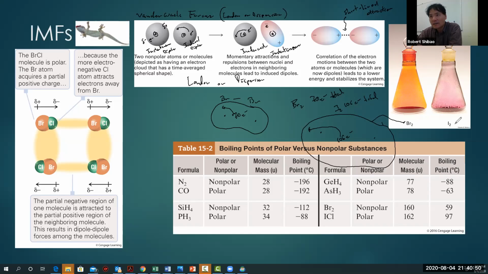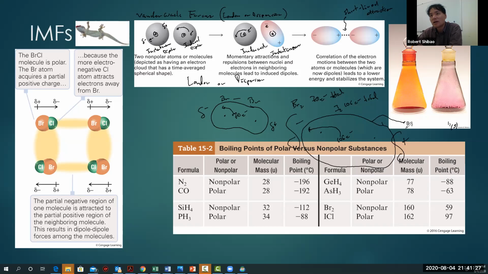And therefore, iodine is a solid. It's got stronger attractions because it can set up bigger instantaneous dipoles than bromine. All 106 don't have to go to one side, but with iodine we can set up much larger instantaneous dipoles, so much larger delta minus and delta plus. These don't last long, and on average it's a zero dipole, but it has a lot more electrons than bromine.